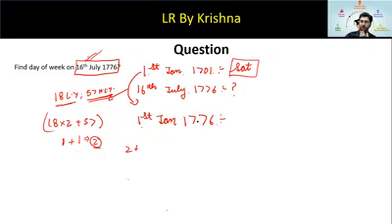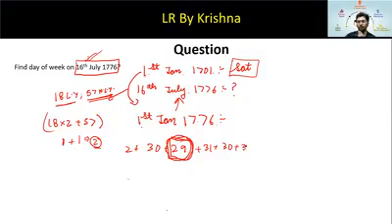From 1st Jan 1776, you have to go to 16 July 1776. So what you will do again: 30 plus 29 here, plus 29. Why? 1776 is a leap year, hence Feb will have 29 days. Correct? Again 31, 30, just to write it down. 31, 30, and then 16.